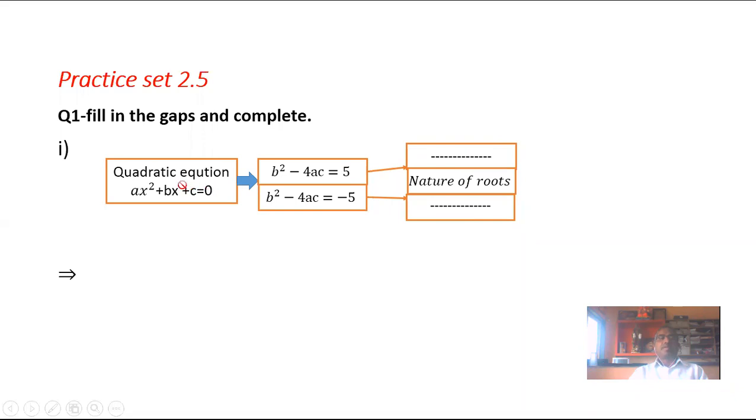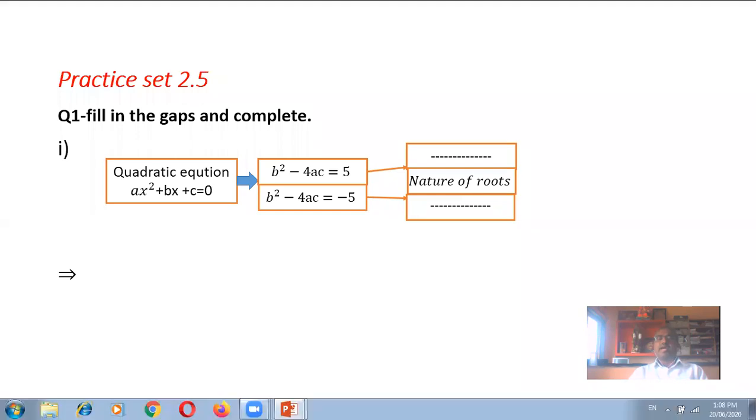In this problem, the quadratic equation of standard form is ax square plus bx plus c is equal to 0. When you have learned the nature of roots, when b square minus 4ac, the value of discriminant, is a positive number, then the roots are real and unequal.